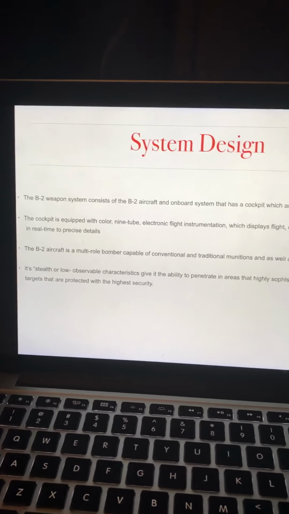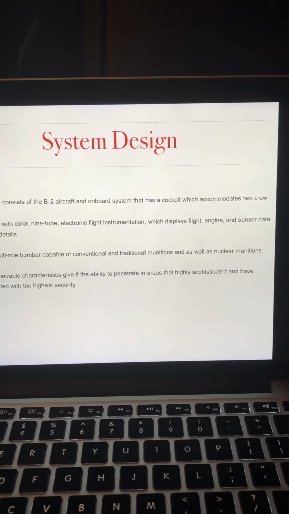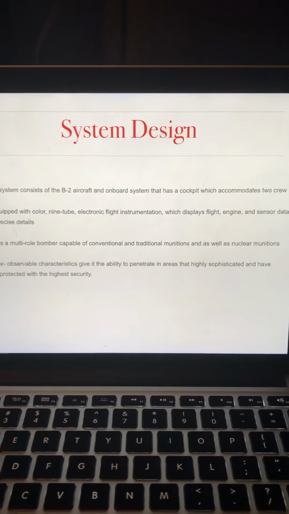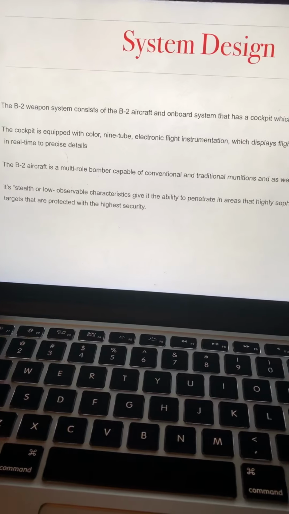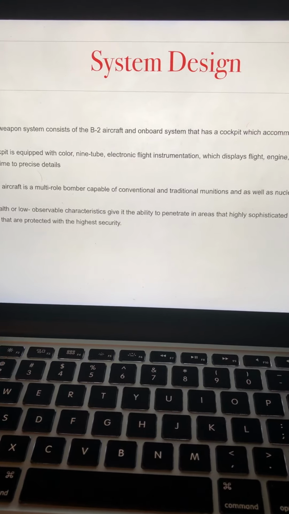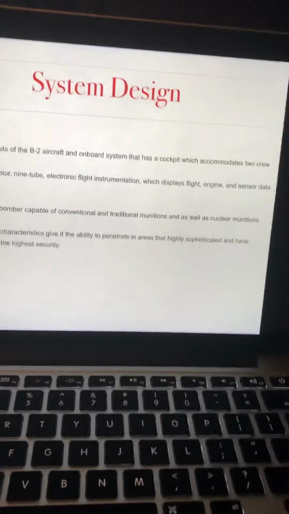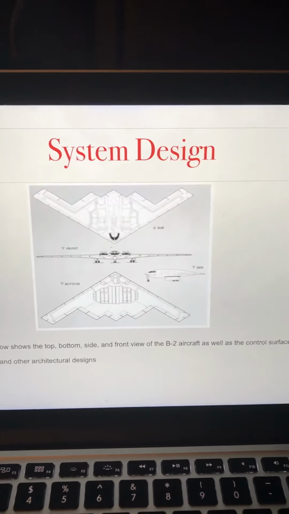The B-2 aircraft is a multi-role bomber capable of conventional as well as nuclear munitions. Its stealth, also called low observable, characteristics give it the ability to penetrate areas that are very highly sophisticated and have targets that are protected with the highest of security.